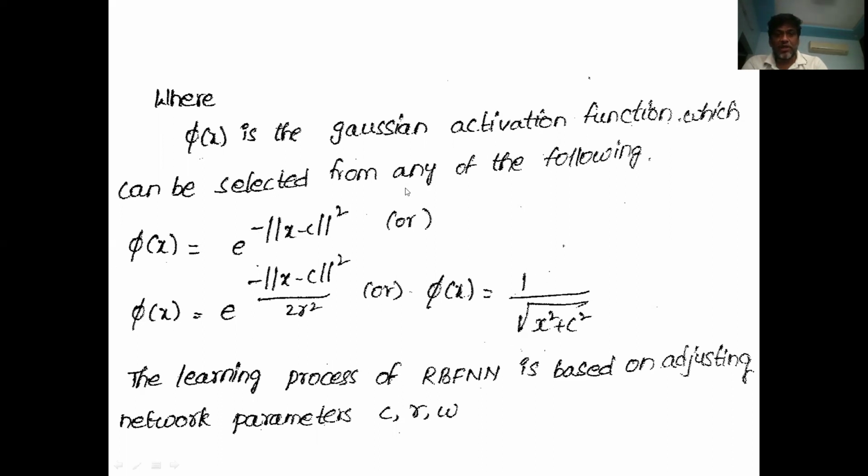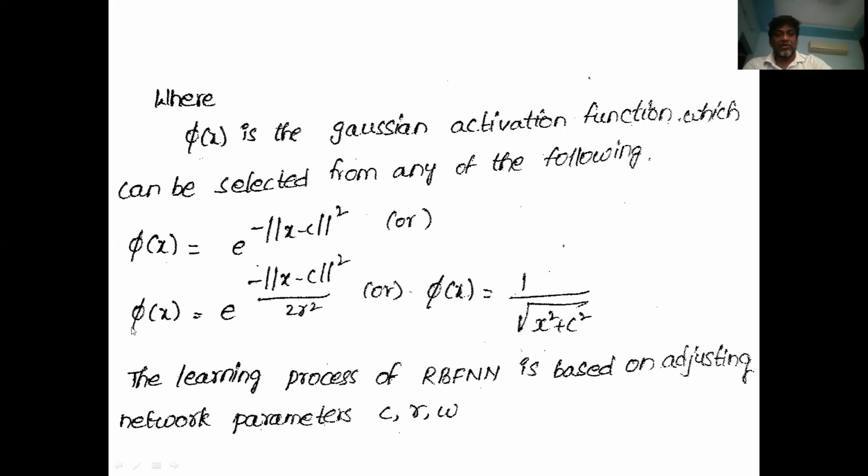So we have several options, and you can select any of them based on your requirement. A simple selection is phi of x equals e power minus norm x minus c whole square, where x is the input pattern submitted to the input layer of the RBF neural network, and c is the center that we select for a particular hidden neuron. This is one possible option.